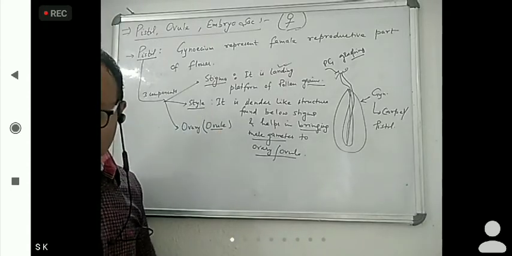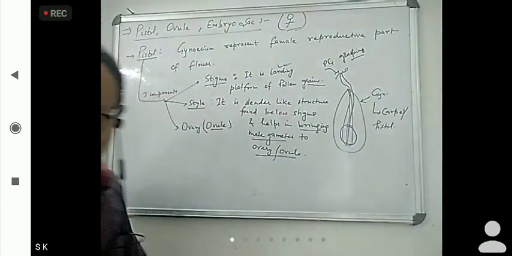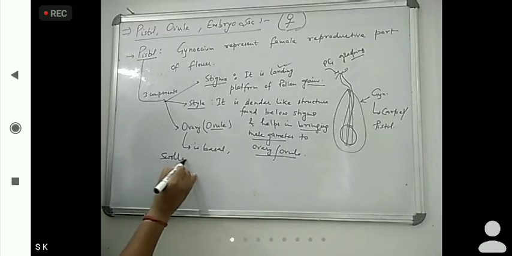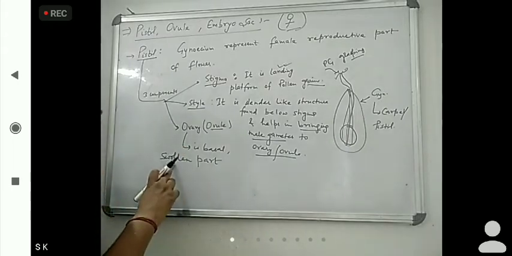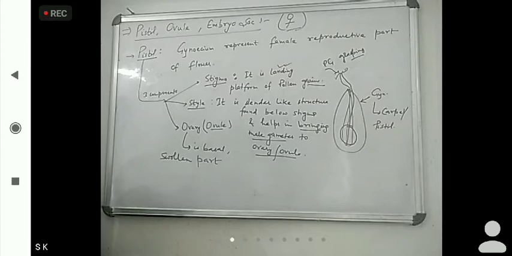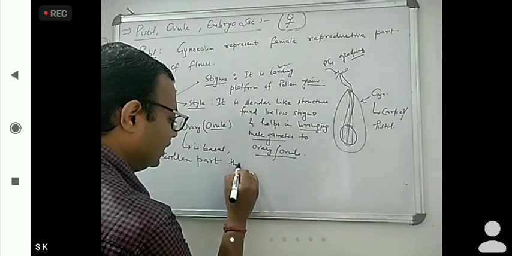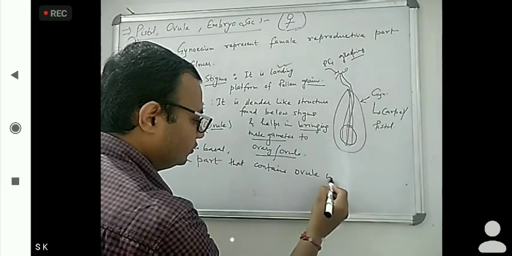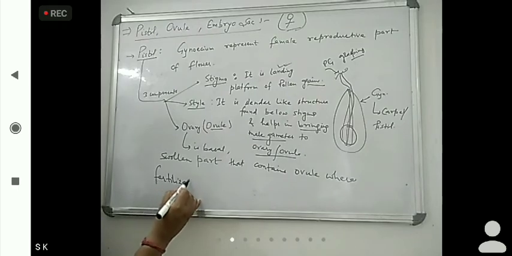Next one is the ovary. The ovary is a basal swollen part, and it contains the ovule, where fertilization takes place.